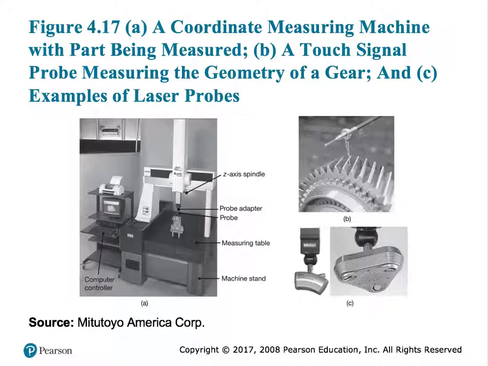Then you keep moving that laser beam, and it will keep telling you how far or how close you are with respect to your starting point and how long you have moved. So based on that, you can measure the actual dimensions of your final part.